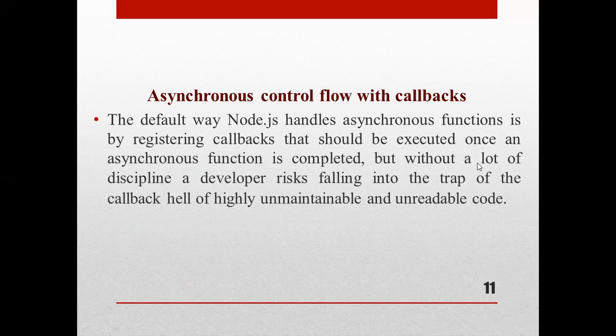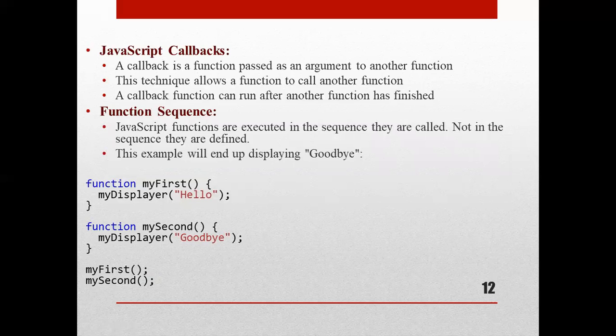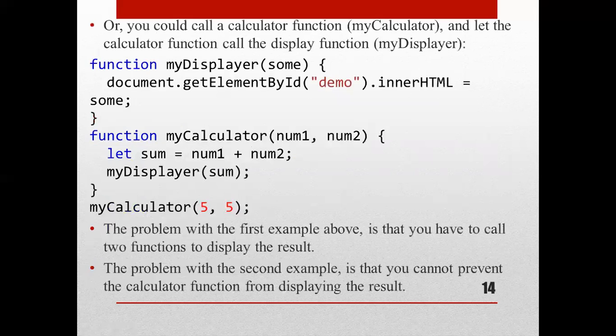But without a lot of discipline, a developer risks falling into the trap of callback hell, with highly unmaintainable and unreadable code. So for handling asynchronous control flow with callbacks, we have callbacks and function sequence control.